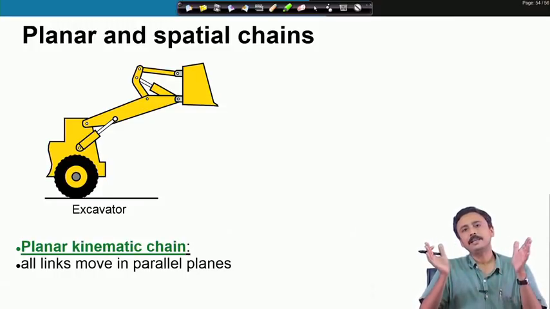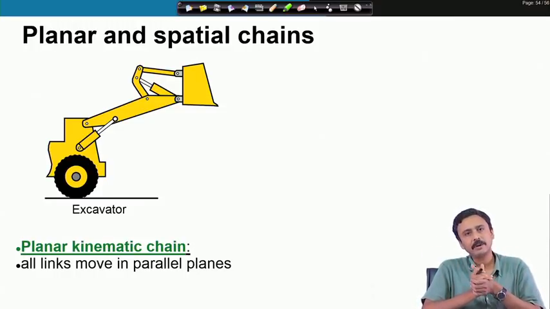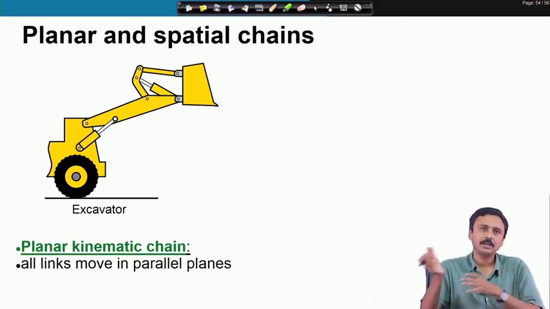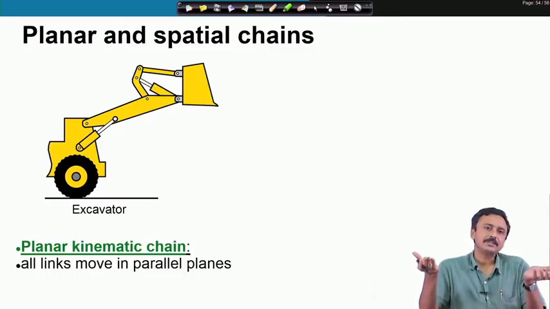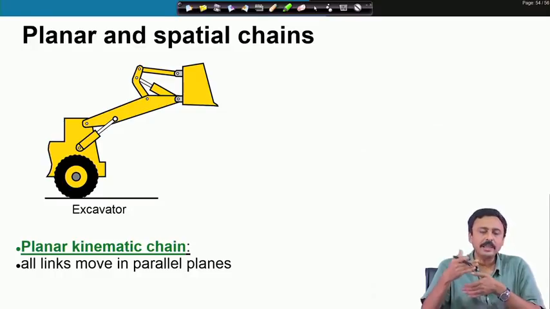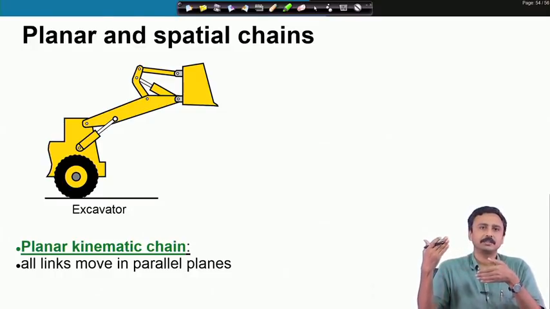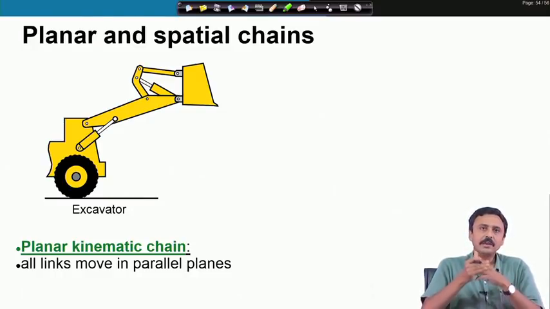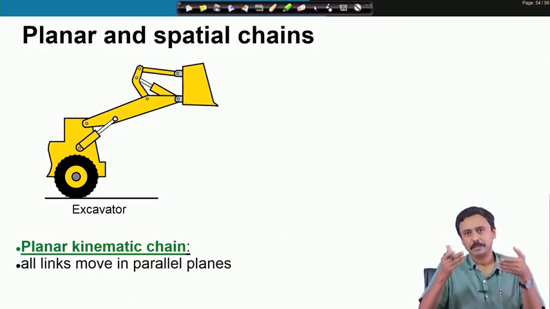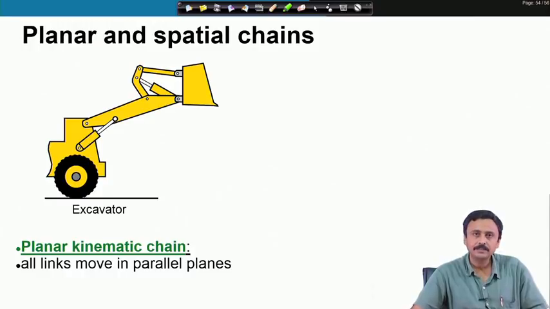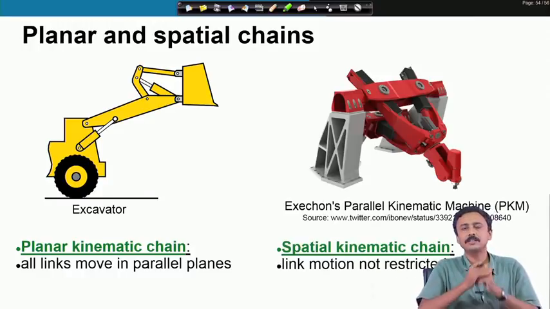We broadly classify kinematic chains as planar kinematic chains or spatial kinematic chains. The definition I think is obvious. A planar kinematic chain is one in which all links move in parallel planes, as in this excavator, where nothing will come out of the plane of the screen. On the other hand, look at this mechanism, this kinematic chain, this machine.